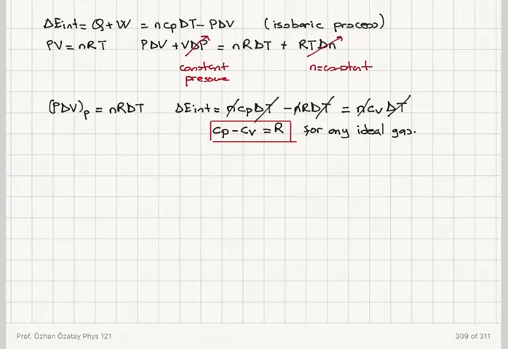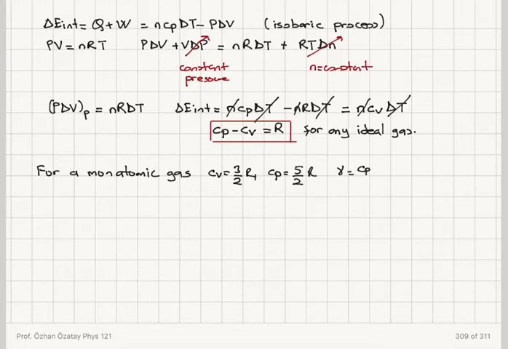Now, if we go back to the monatomic gas, I have found that Cv must be equal to 3/2 R, and therefore Cp must be equal to 5/2 R. Cp minus Cv must be equal to R. And their ratio, Cp over Cv, which I define as gamma, is 5/3.